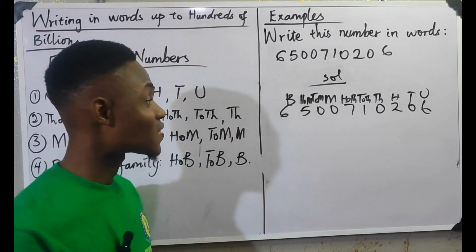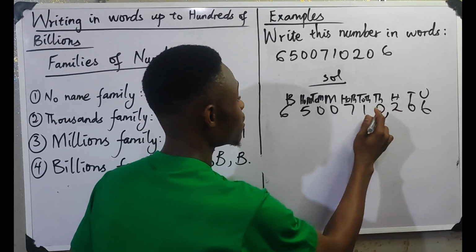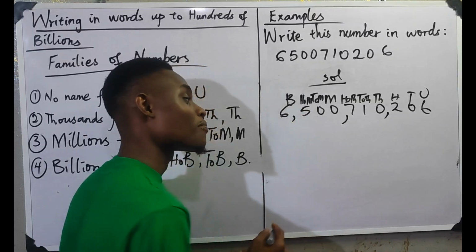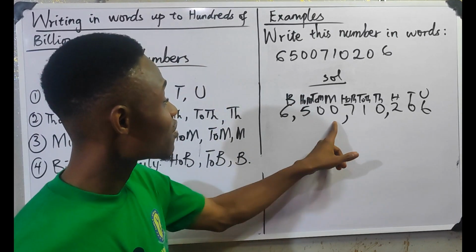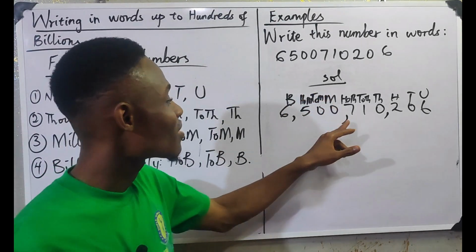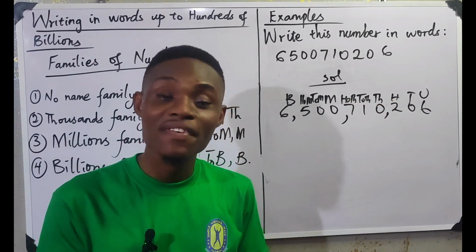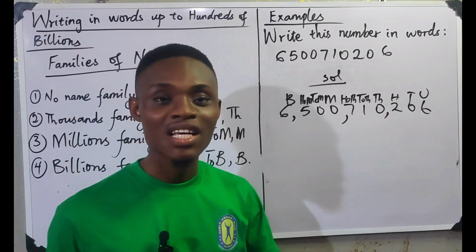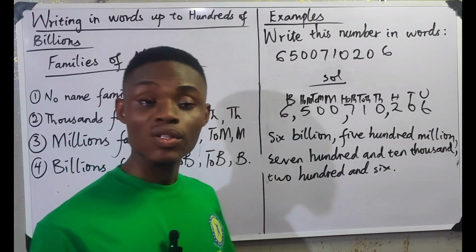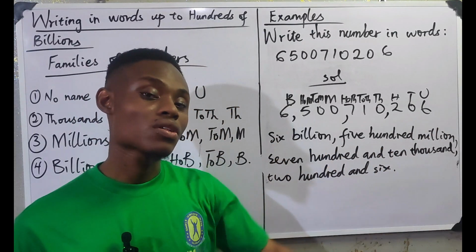Wow, this one is up to billions. 1, 2, 3, comma, 1, 2, 3, comma, 1, 2, 3, comma. Let's go. 6 billion, 500 million. Can you see that? 710,206. You see, it's very simple. Once you break them into their families, you can easily identify them. So this is it written down in words.